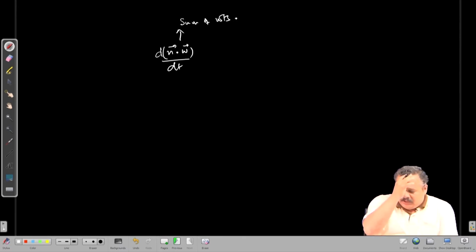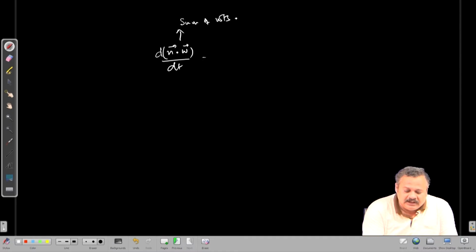So, d(n dot w)/dt, which is the sum of all the weights, we require this to be constant, and that is why that additional term has been introduced.